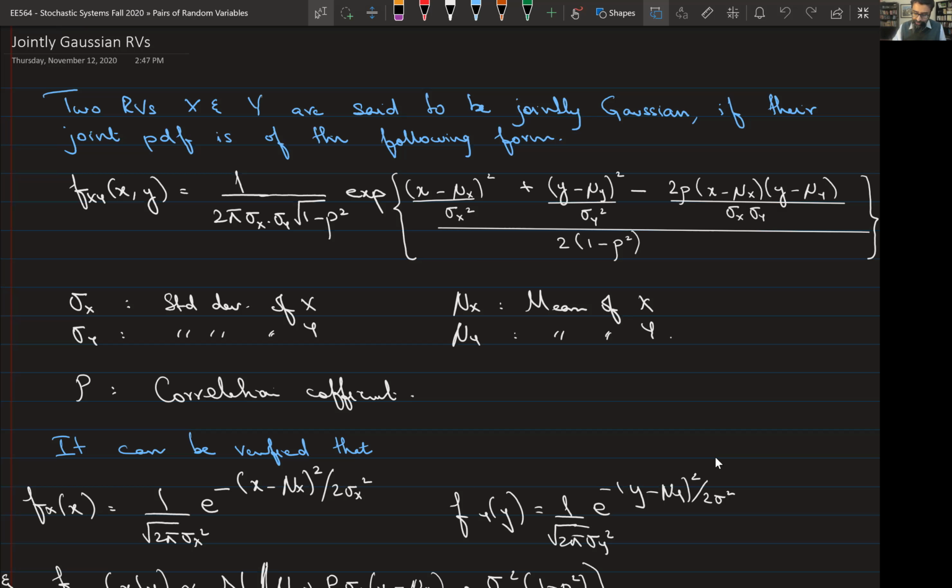Okay, now what I want to do here is for the case of two random variables that are jointly Gaussian, and the PDF is given by this expression that you see on your screens at the top. Let's try to figure out when the two random variables x and y are going to be uncorrelated. What value of rho means that they are uncorrelated?